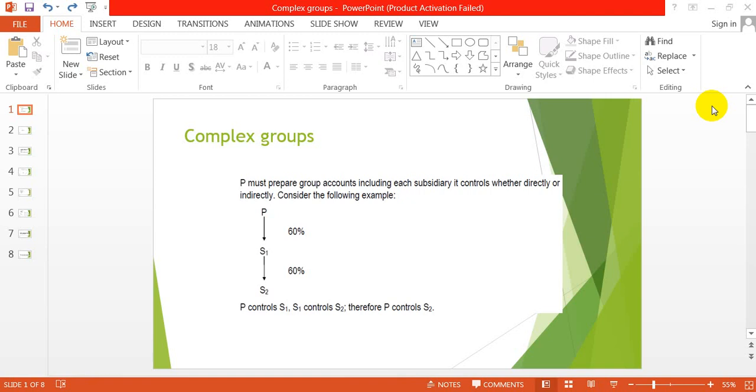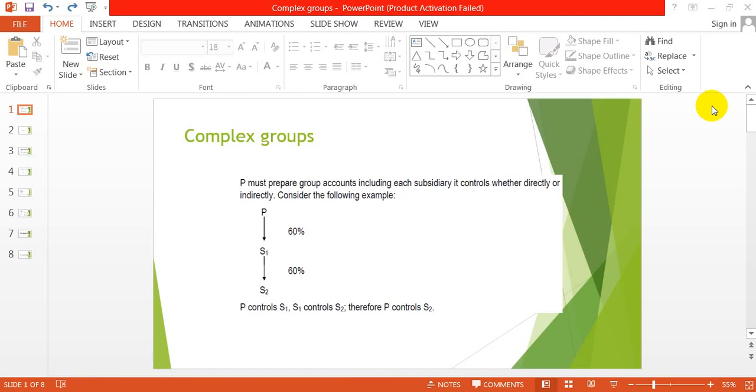In this illustration, P acquired 60% of S1, and S1 acquired 60% of S2. Since P controls S1, and S1 controls S2, P effectively controls S2. So the effective interest in S2 has to be determined.